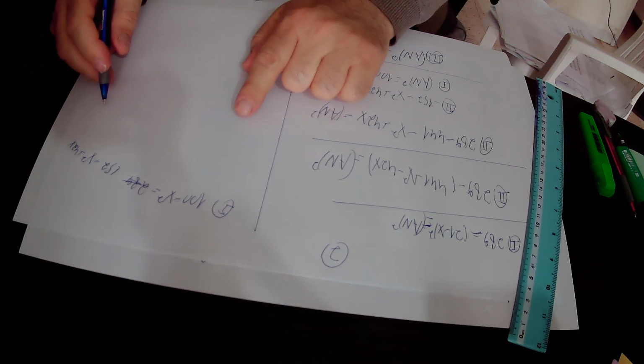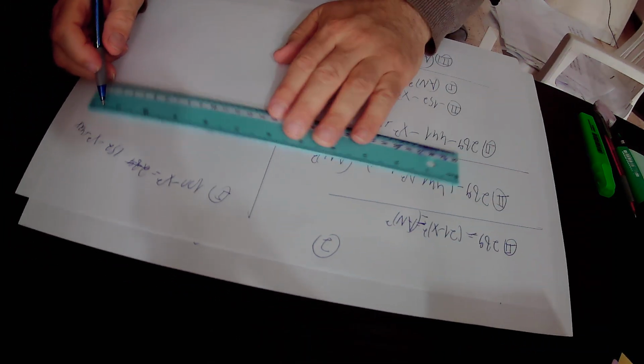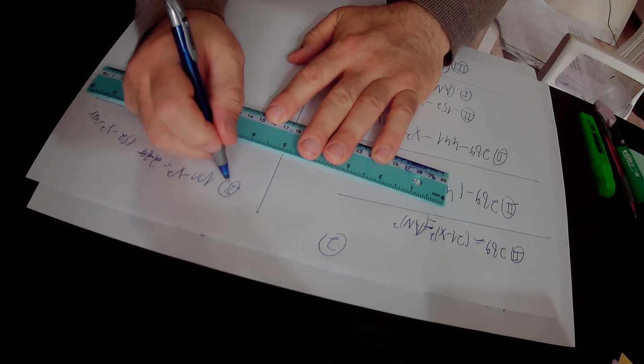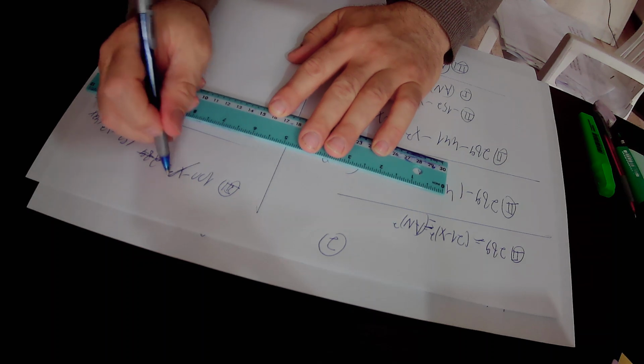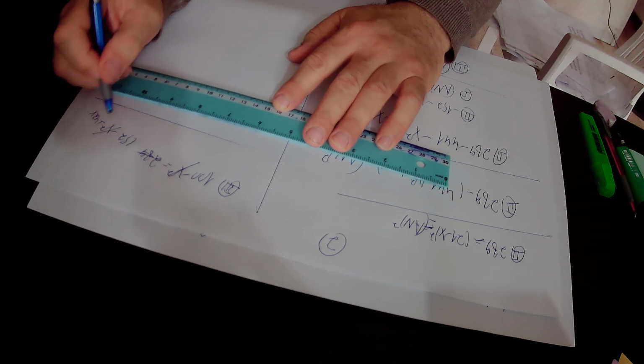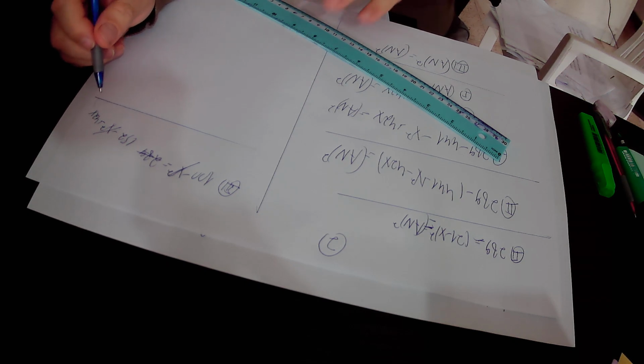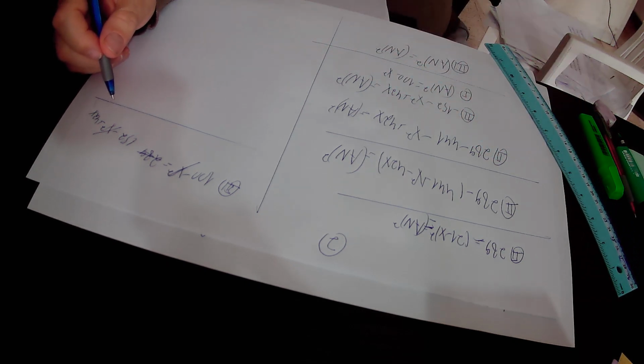So here we have minus x squared on both sides of this equation, equation 3. So x squared will get cancelled.